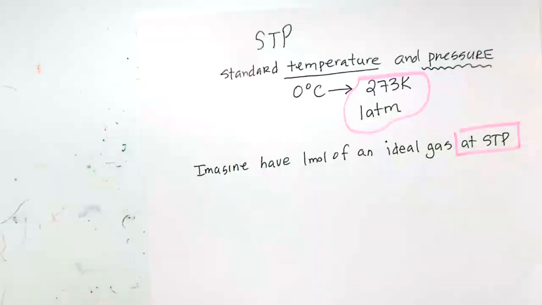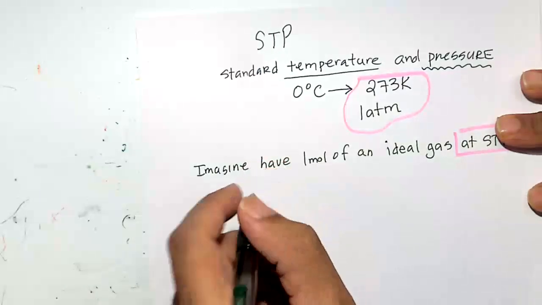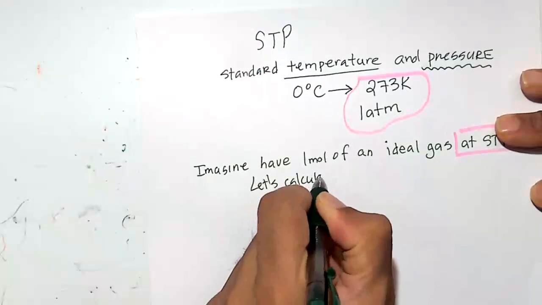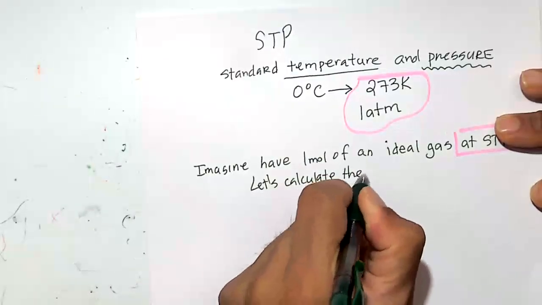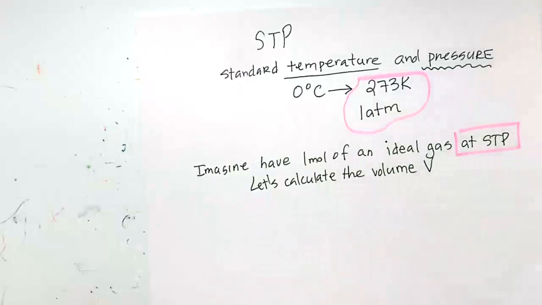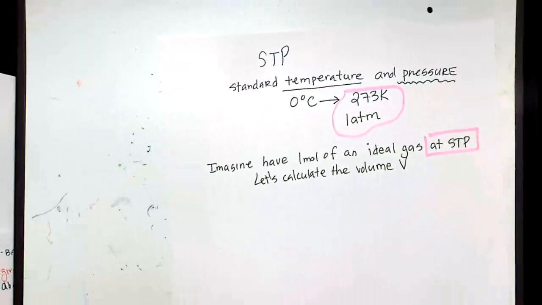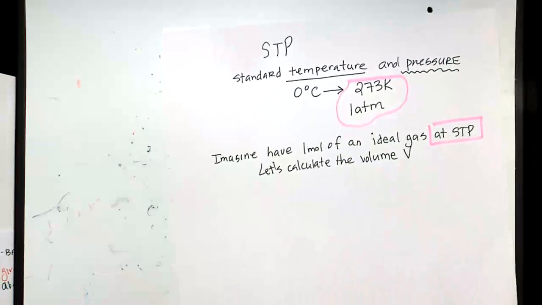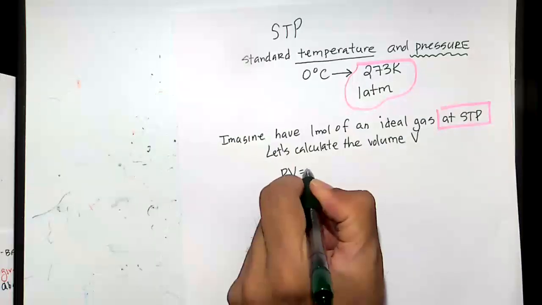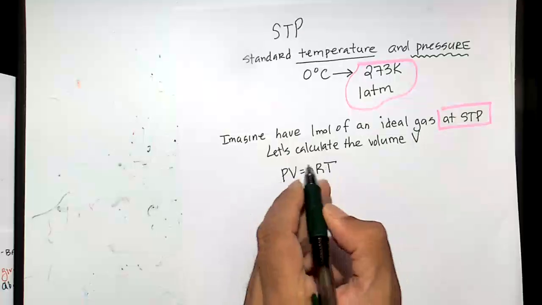Okay, let's calculate the volume V. PV equals nRT.